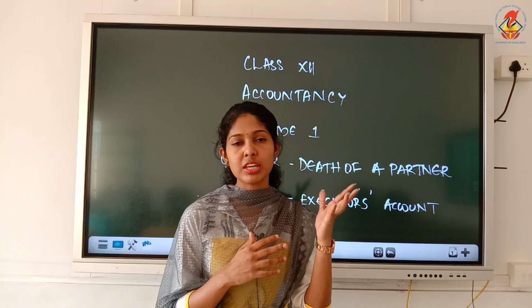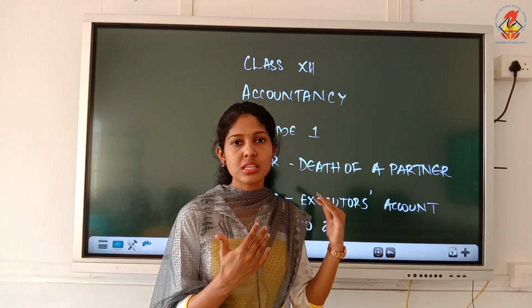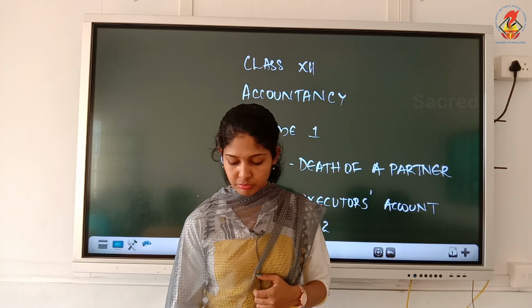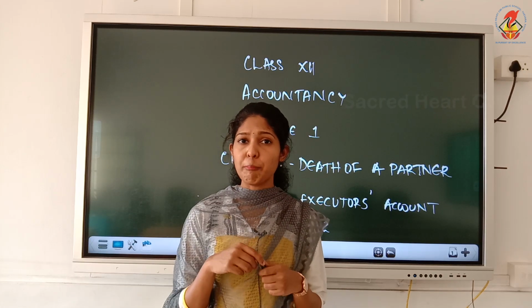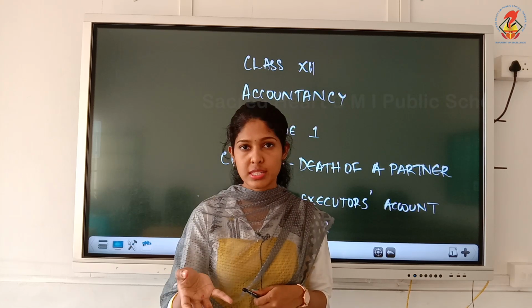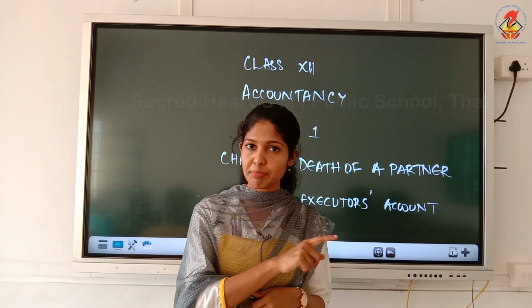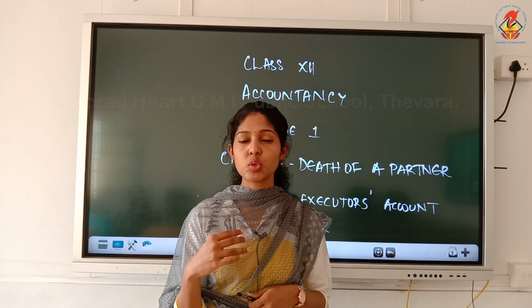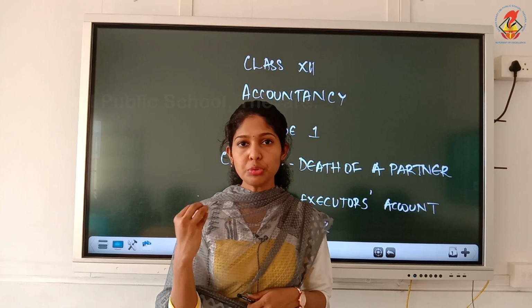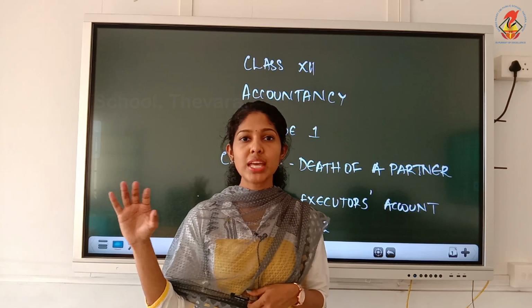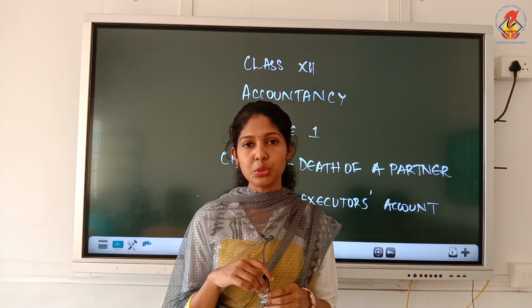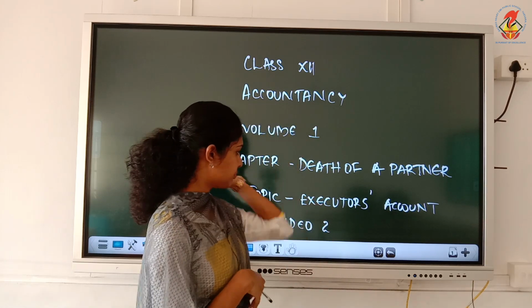So the balancing figure will be written as 'to executor's account'. Now there are different methods of payment of amount to the executor. Just like we discussed in the chapter on retirement, here also we have different methods of payment of the amount due to the deceased partner. So you give that heading, methods of payment of amount due to the deceased partner.